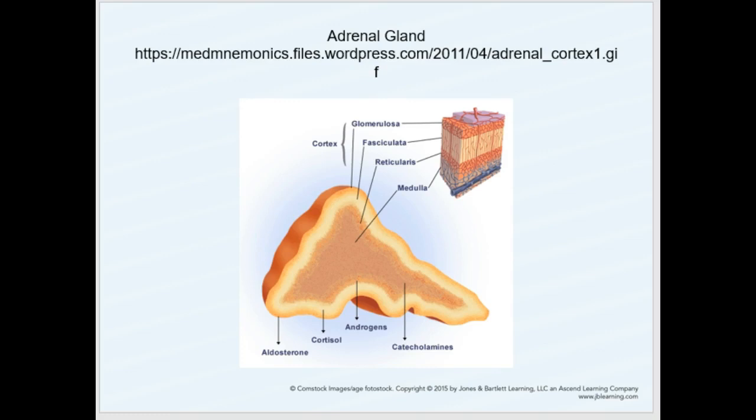And they have different names because A, they have different types of cells in them, B, they release different substances. And you can see at the bottom, aldosterone is released from the outer portion, cortisol is from the middle, and androgens are from the innermost portion. Catecholamines are just a generalized term for epinephrine and norepinephrine on there, as you notice in the lower right-hand corner.